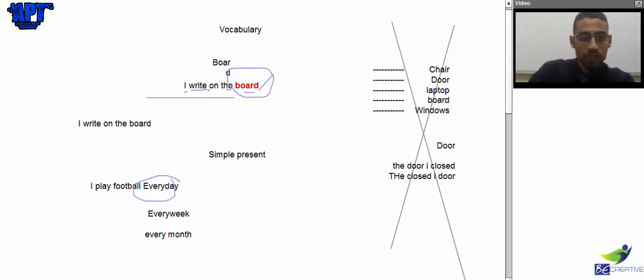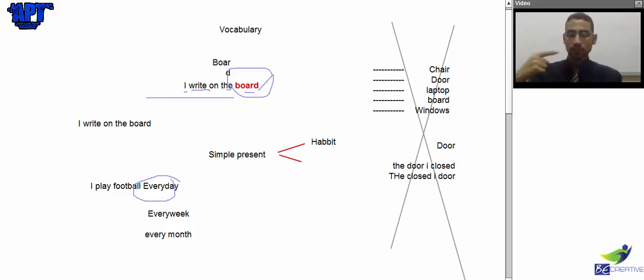Simple present talks about one or two things. The first thing that the simple present is talking about is a habit.